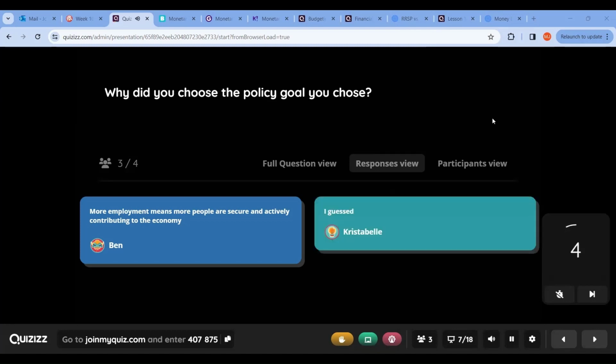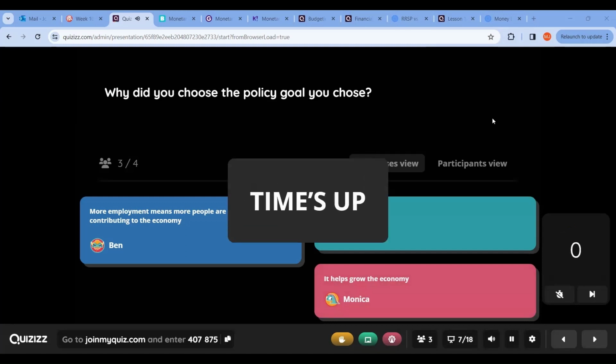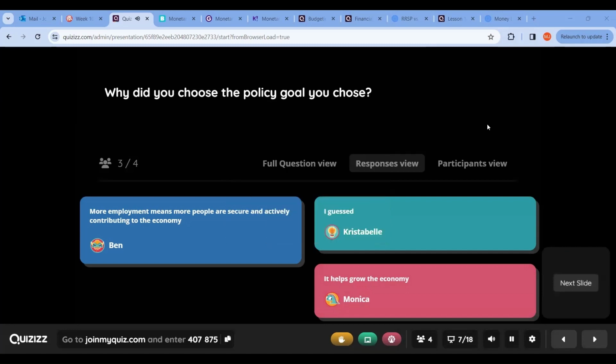Fair enough. Monica says it helps grow the economy. Good point. Increasing the money supply is good for growing the economy.